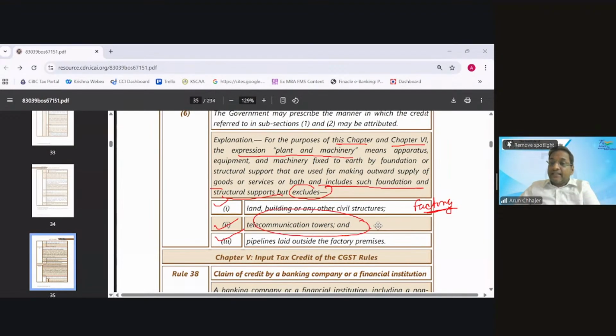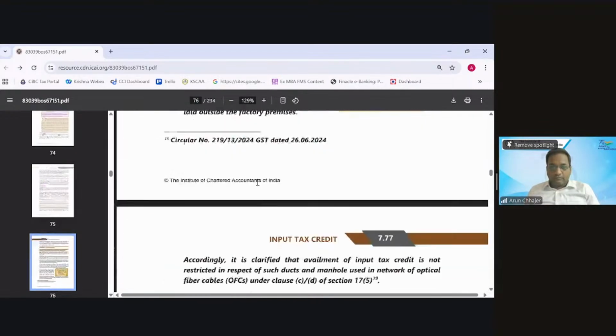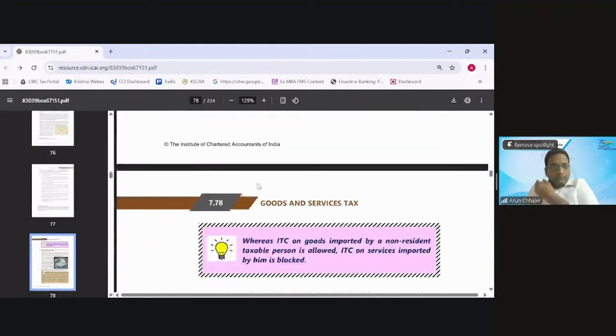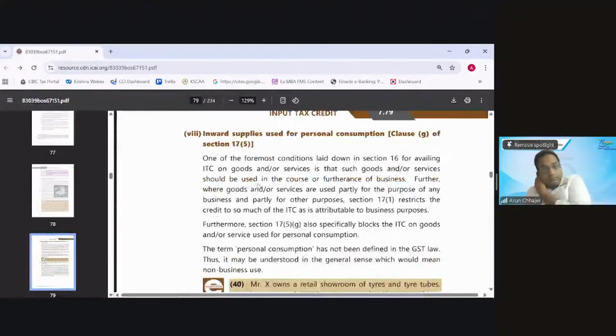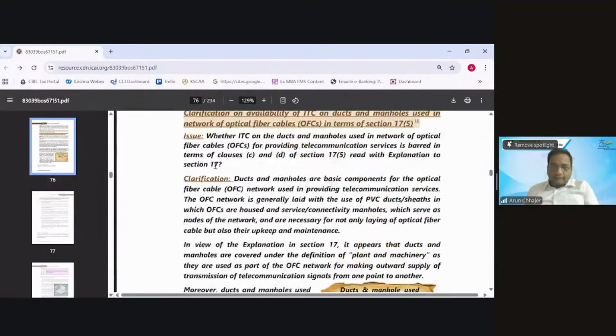Now for this, there is a clarification. We'll go to the clarification. Duct and manhole are the basic components of OFC, the optical fiber cable network, used in providing the telecommunication service.